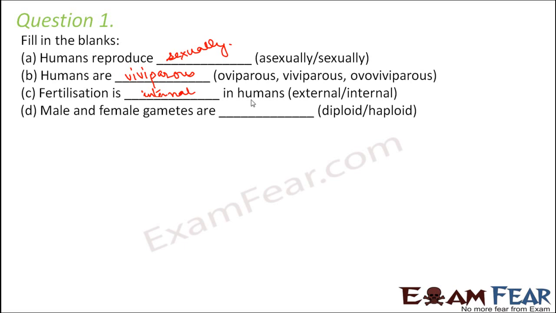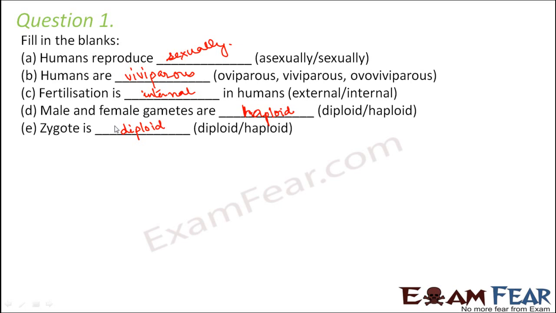Now all other cells of the human body, that is all the somatic cells, are diploid except the sex cells, and they are haploid. So when these two fuse together, they form a diploid zygote. Zygote is diploid or haploid. Just now I was talking about this. So when the male and female gametes fuse, they will form diploid zygote.